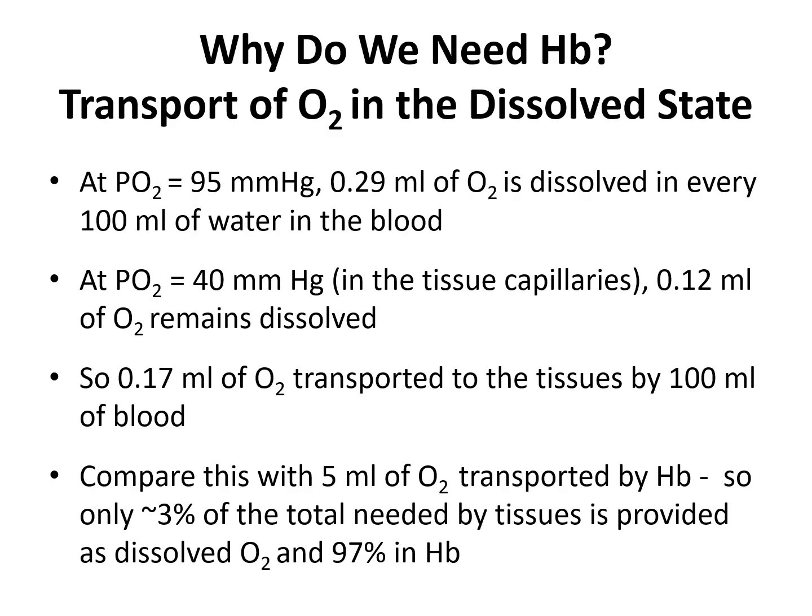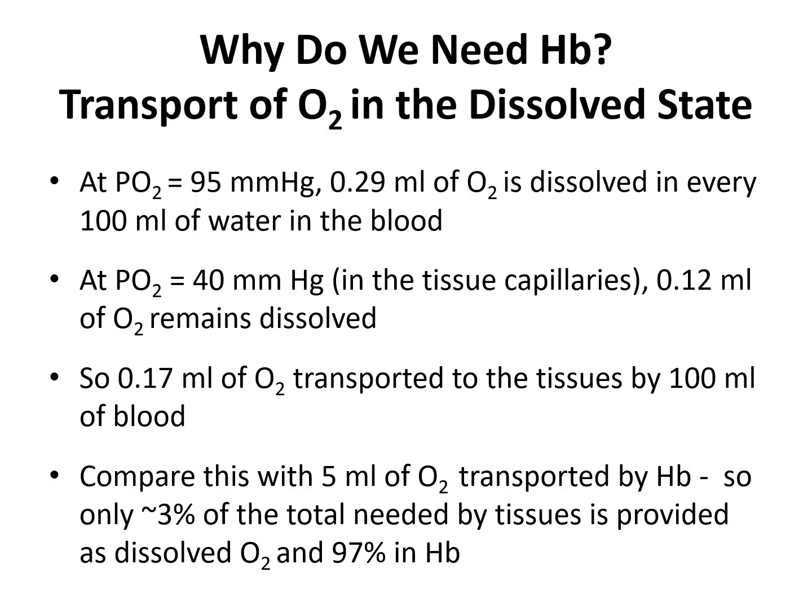With this in mind, let's reiterate what we said earlier, that almost 97% of oxygen is carried by hemoglobin and only 3% is dissolved in the blood. At a PO2 of 95 millimeters mercury, only 0.29 milliliters of oxygen can be dissolved in every 100 milliliters of plasma or water of the blood.